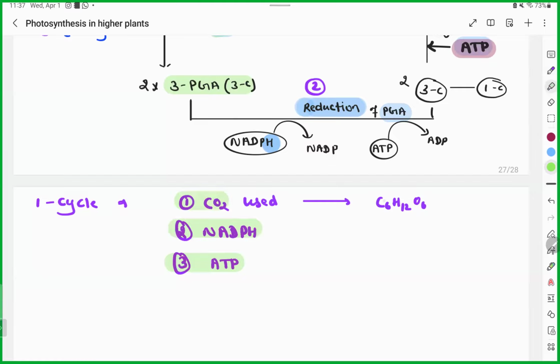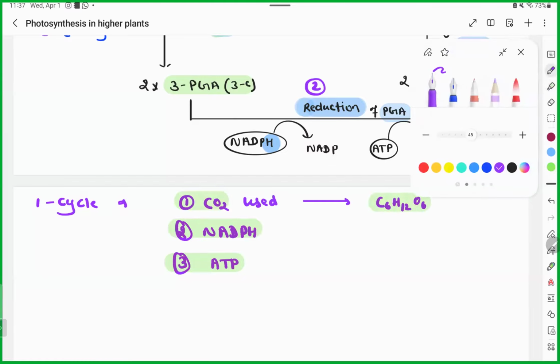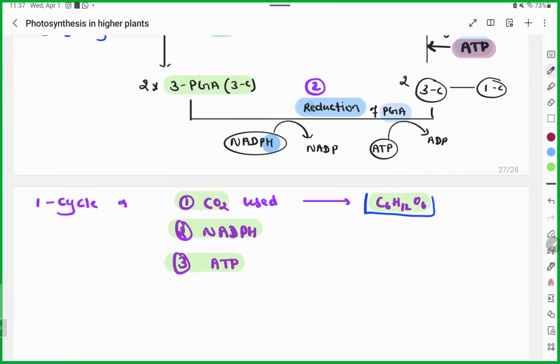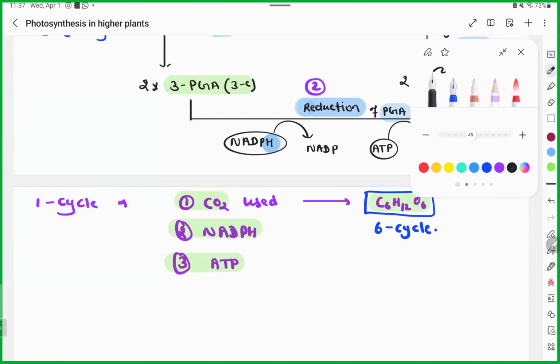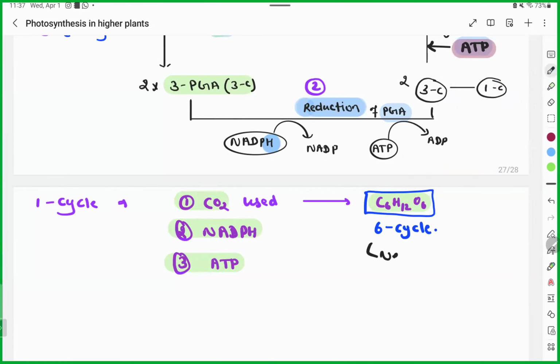Example, if you want to produce glucose, you know you need six cycles for this. Correct? If you need six cycles, what will happen? In that case, we need six CO2.